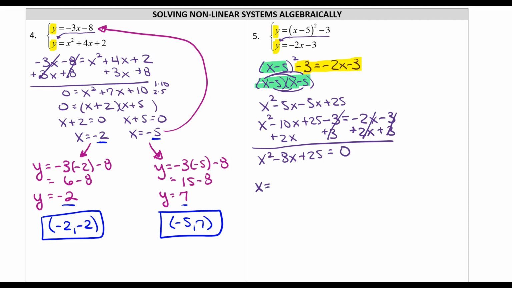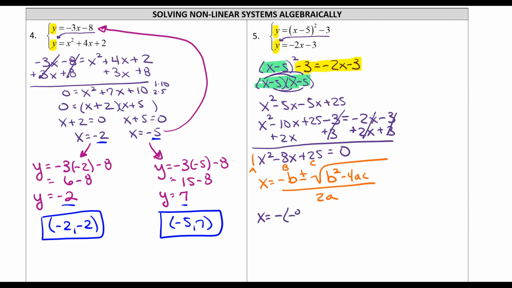So remember, our quadratic formula is x equals negative b plus or minus the square root b squared minus 4ac all over 2a. And again, our a is 1. That's our a. Our b is negative 8, and our c is 25. So when I'm plugging this in, I need to make sure I'm attentive to that fact.